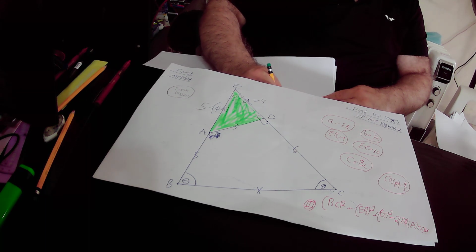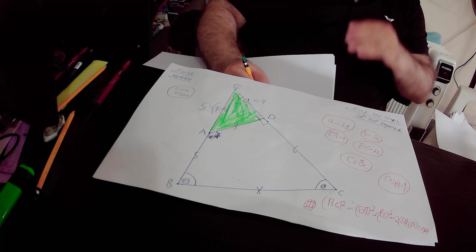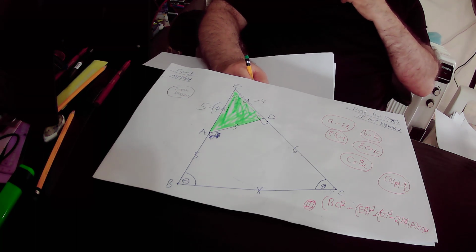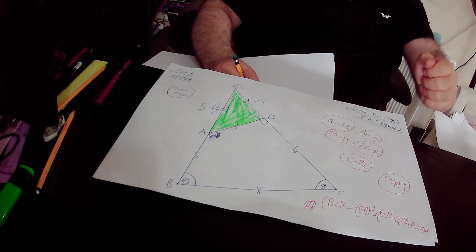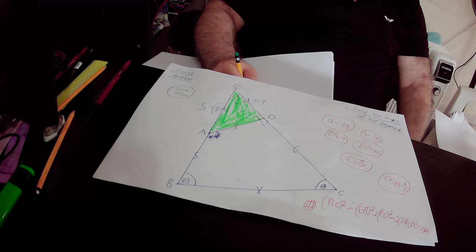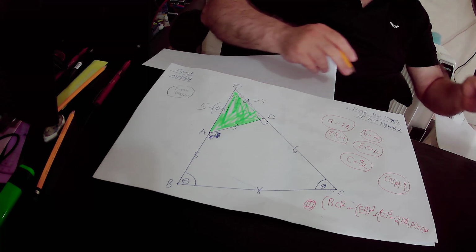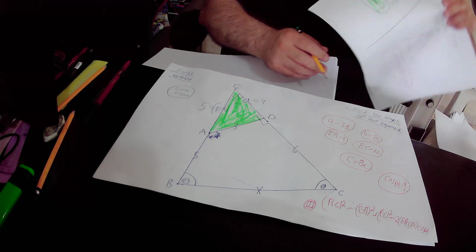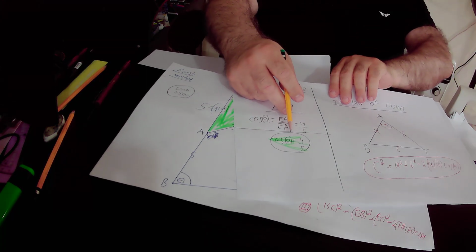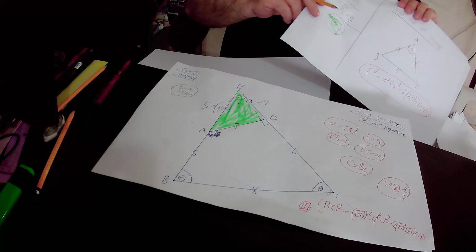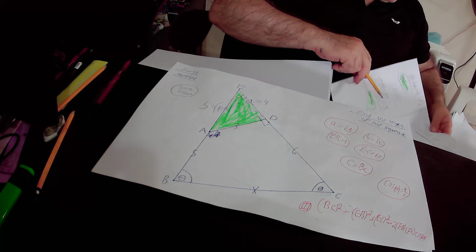EC equals 10, so EC squared is 10 squared, that is also 100, minus 2 times EB is 10, times EC is also 10, times cosine alpha. We already found out that cosine alpha equals 4 over 5, so we substitute cosine alpha by 4 over 5.